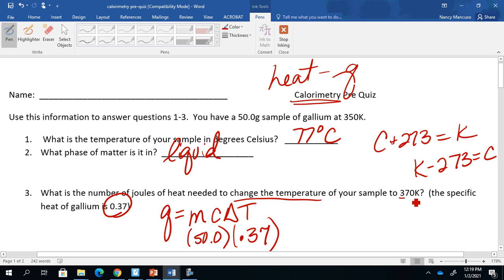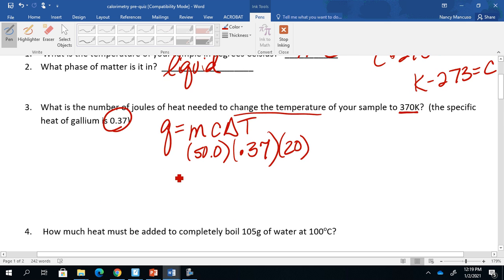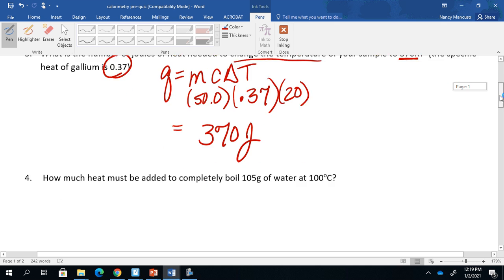And I'm raising the temperature to 370, and it was 350, so that's a change of 20 degrees. Doesn't matter if you have it in Celsius or Kelvin, as long as you stay consistent, the change in temperature will be equal. So I'm punching in 50 times 0.37 times 20, and I get 370 joules. That's how much heat would be required for that change.